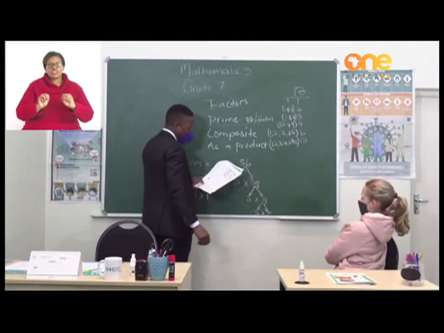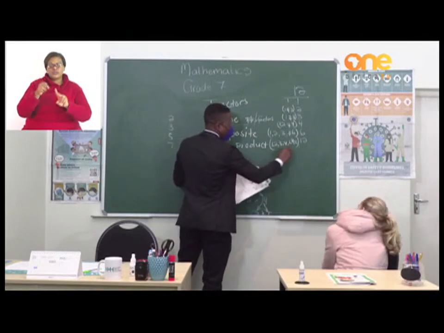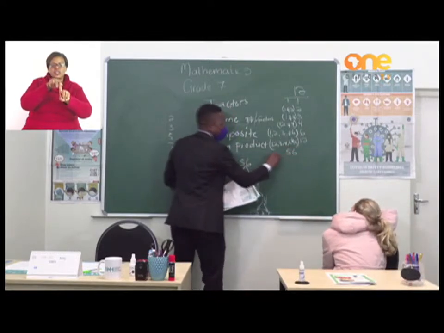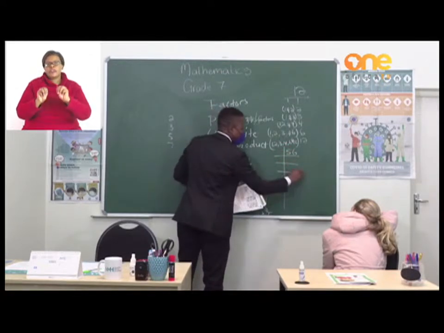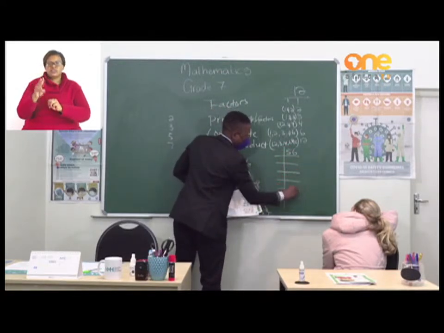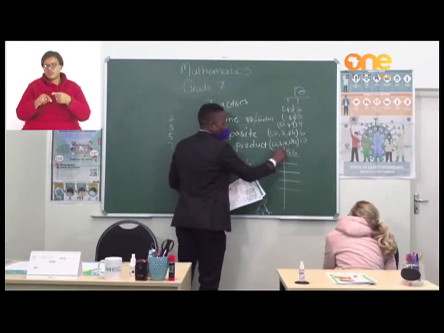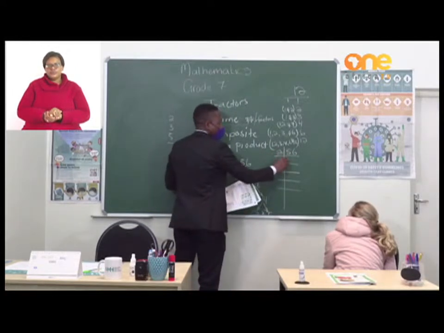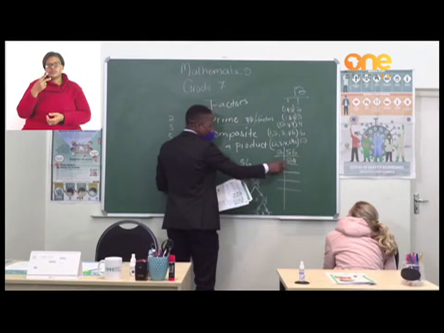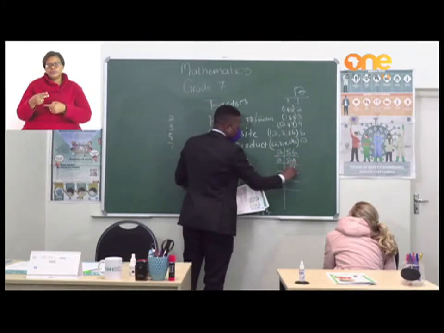Another method is the ladder method, whereby we have 56. Here we must divide 56 by 2. 56 divided by 2, of course I get 28. Divided by 2, I'll get a 14.